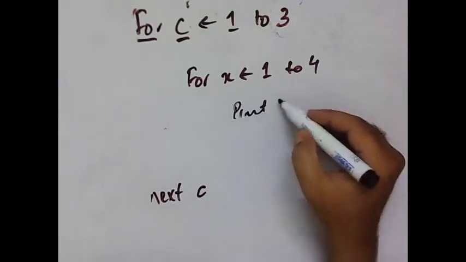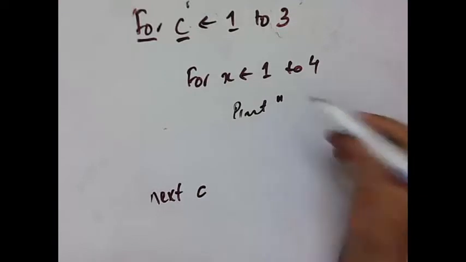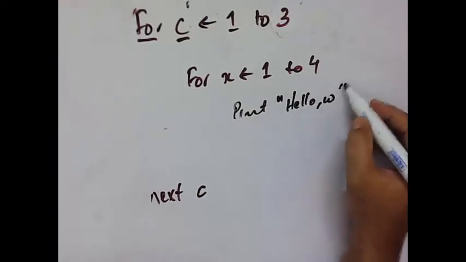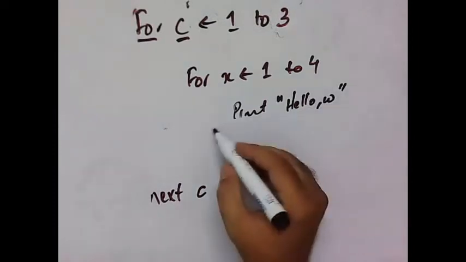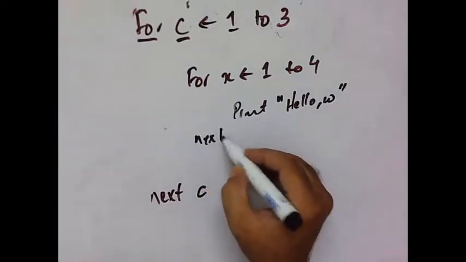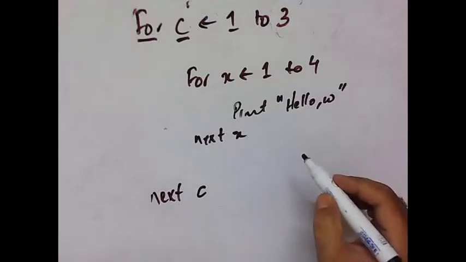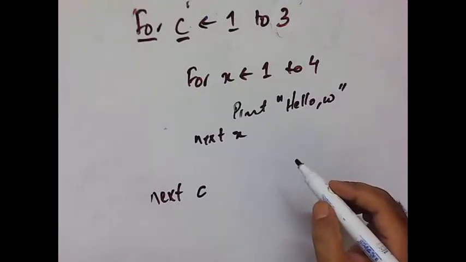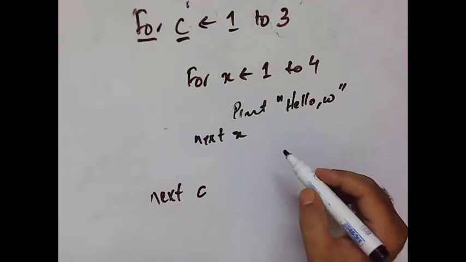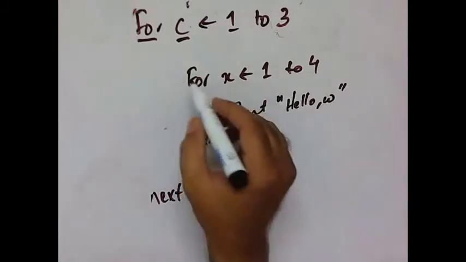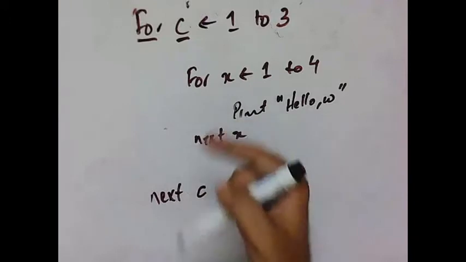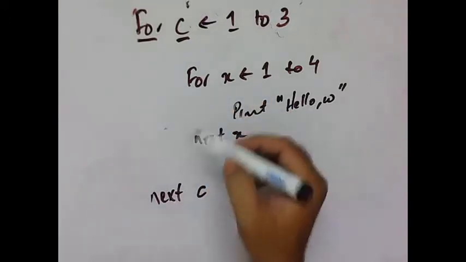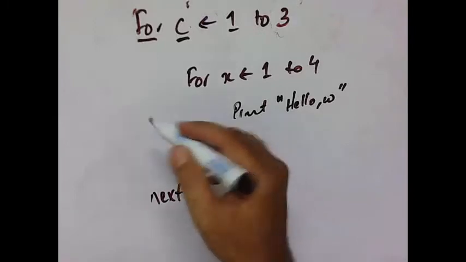Print hello world, hello w for world, and next x. Now this is a loop within a loop, and if you create a construct within another construct, it has to end within the outer construct.